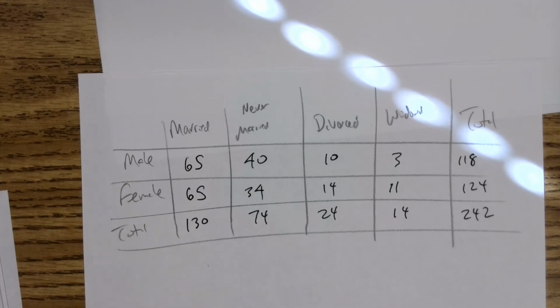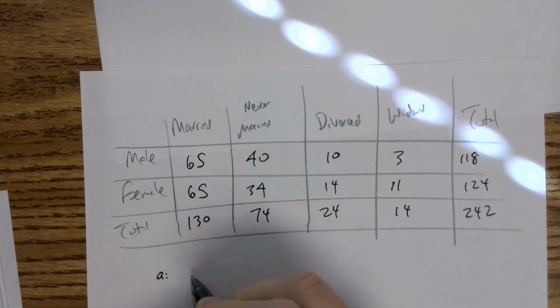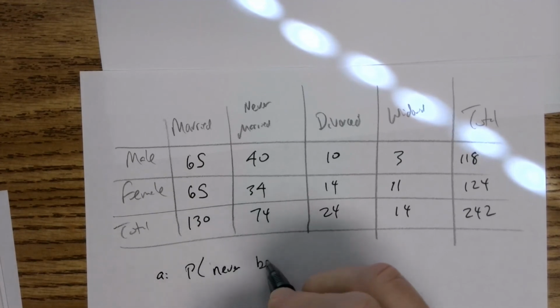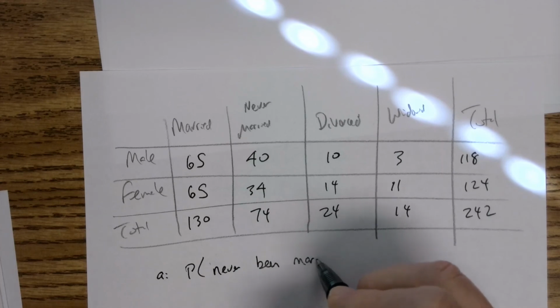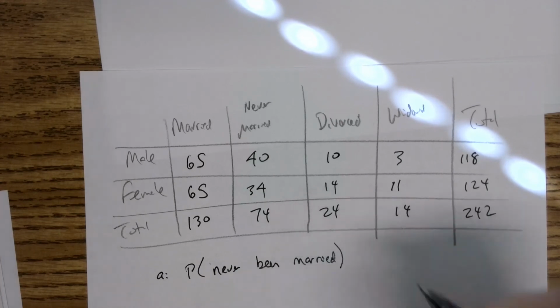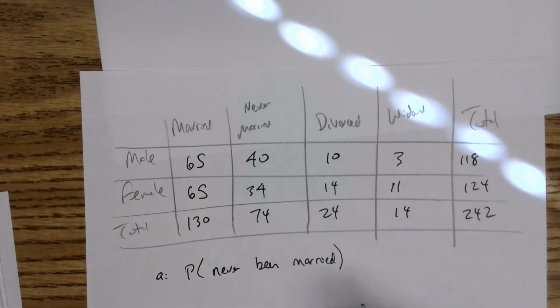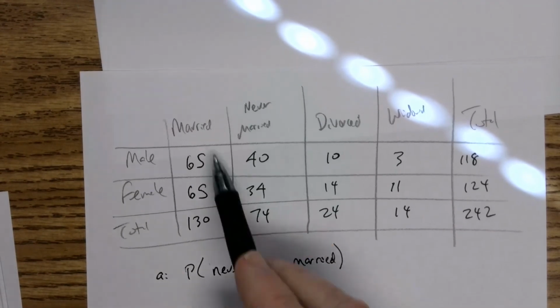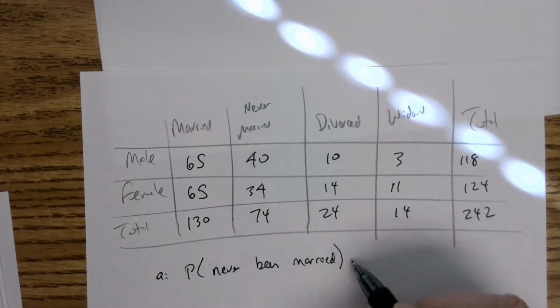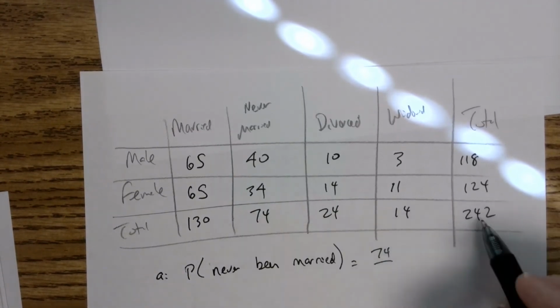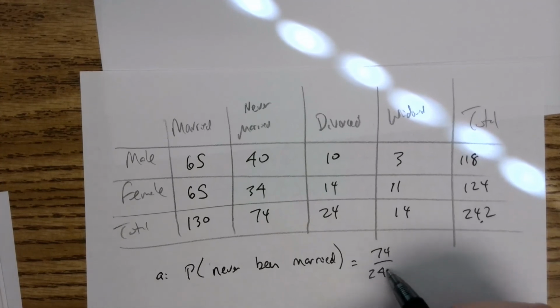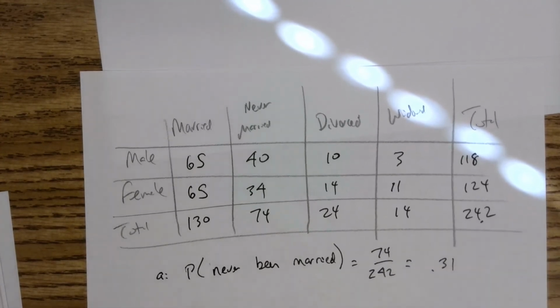So here's the question. A. What's the probability never been married? Well, how many people have never been married? Never married, 74 out of 242, which came out to be 0.31.